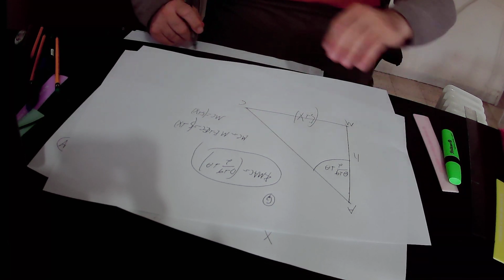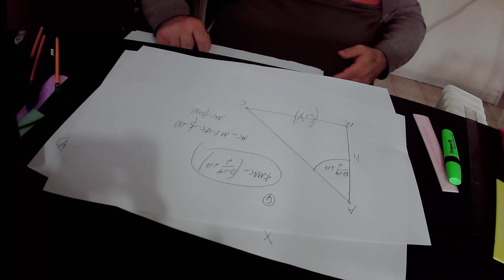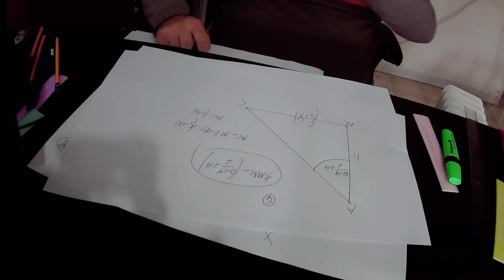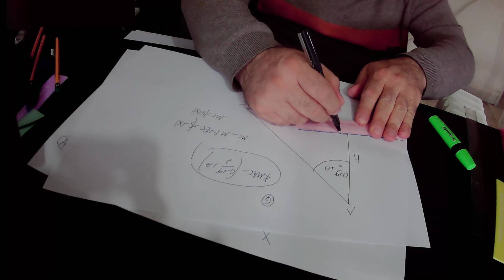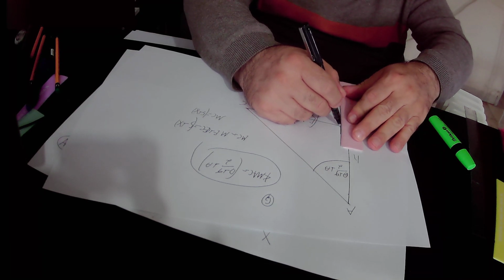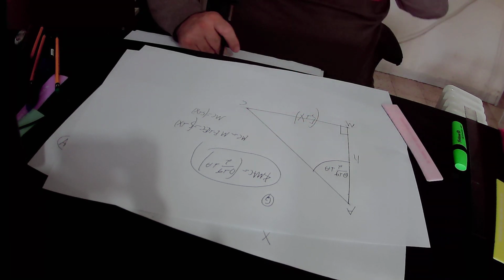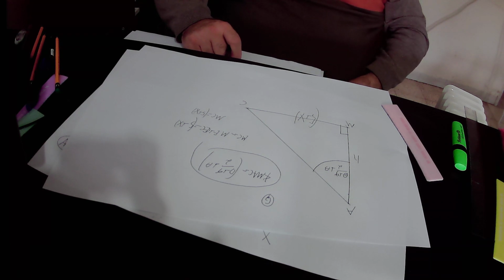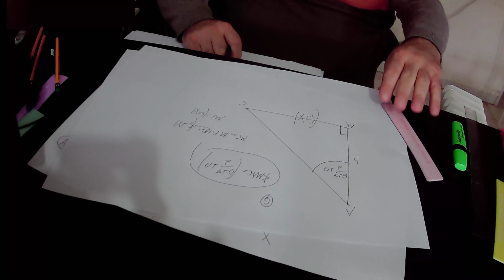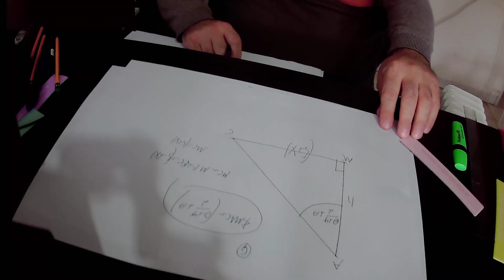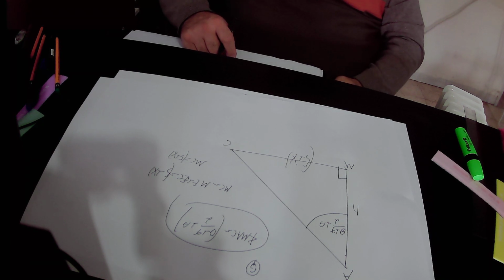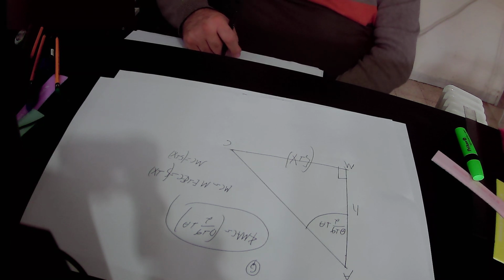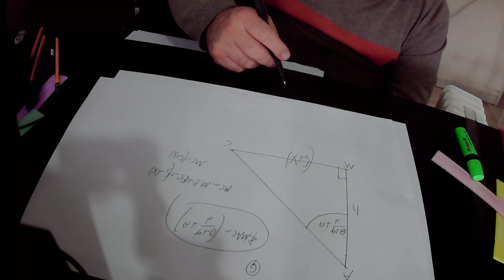Now we know that this angle equals 90 degrees, of course. And according to the rule that the sum of the angles in any triangle is equal to 180 degrees, especially in triangle AMC, the sum of its angles is equal to 180 degrees.